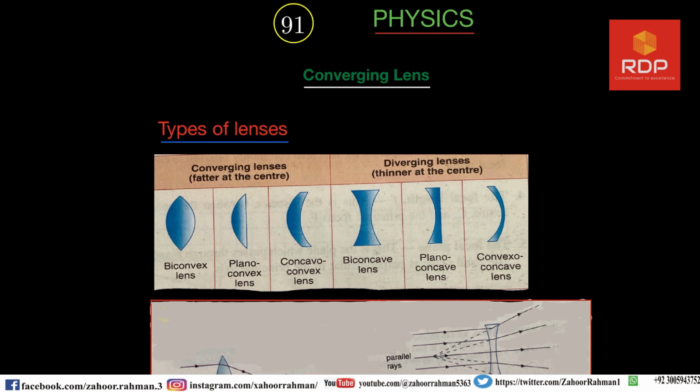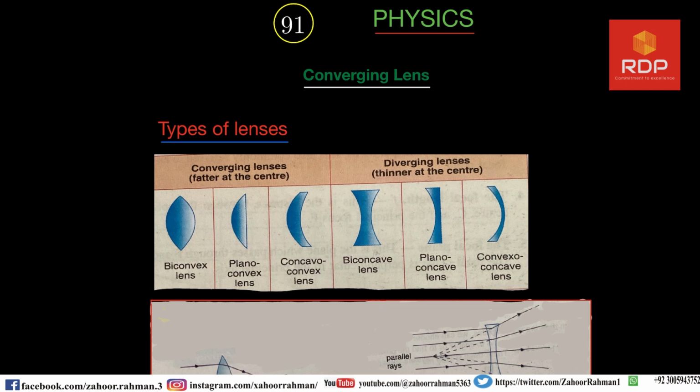There are two main types of lenses, and the first figure, which is this one, is showing them in the form of two columns. On the left side, we have the converging lenses.